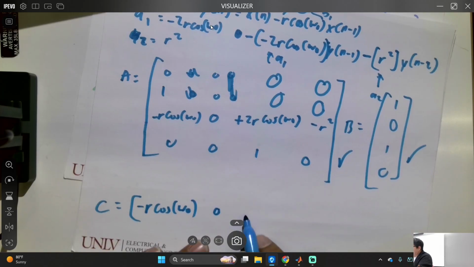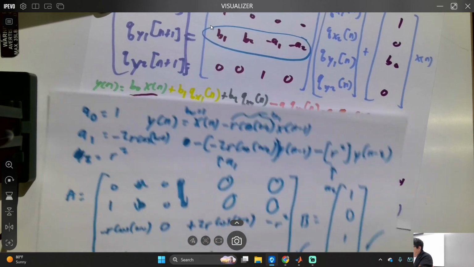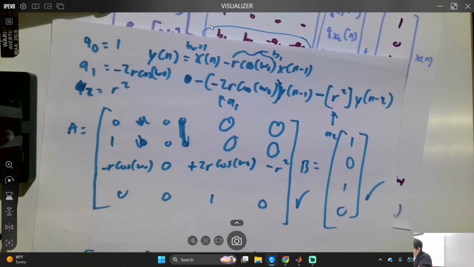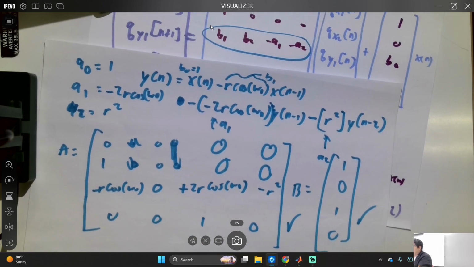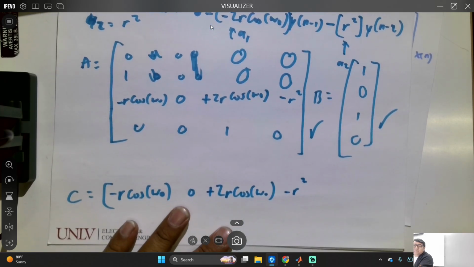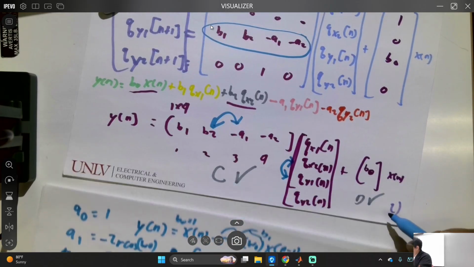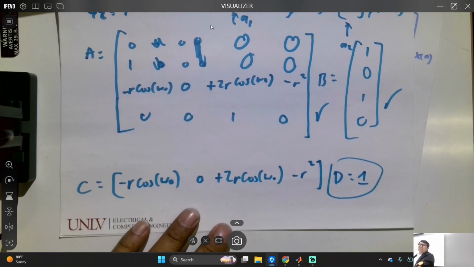And then A1 is minus 2R cosine omega naught. And then our A2 is going to be R squared. Is that cool with everybody? And then what's our D equal to? Just equal to B0. Everyone see the answer?